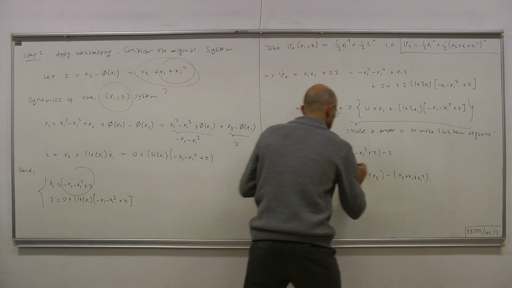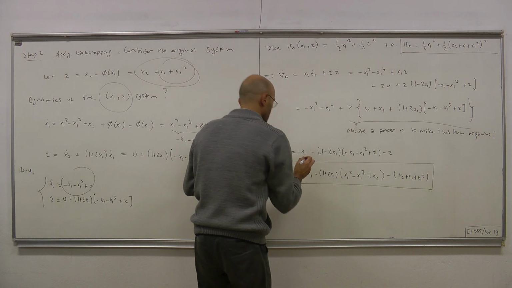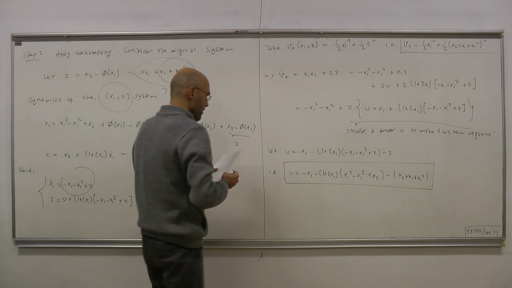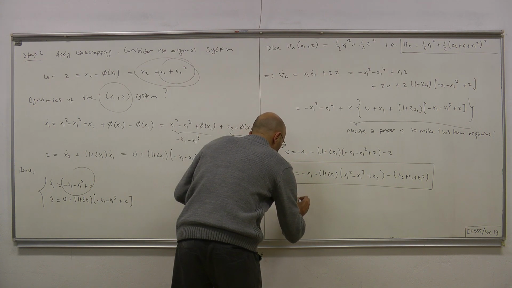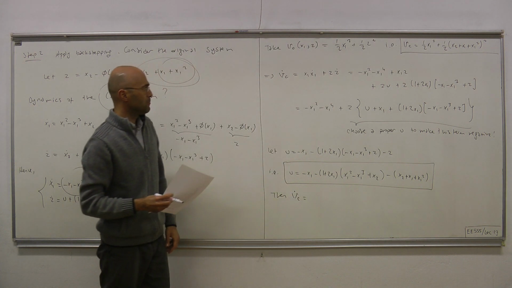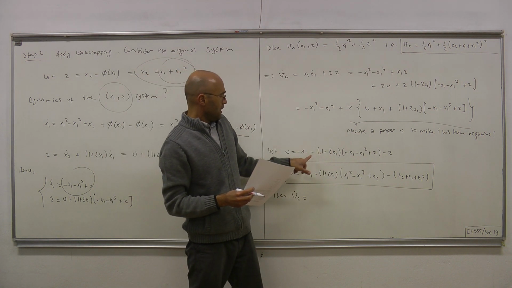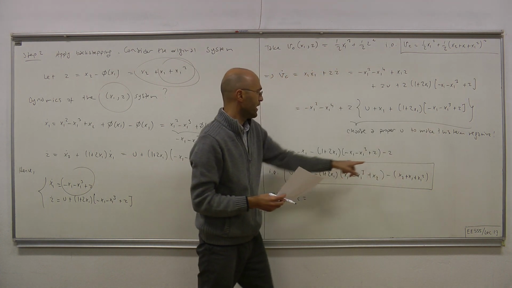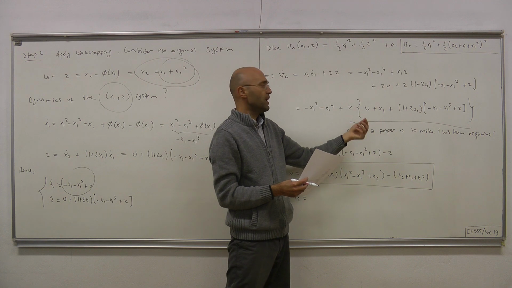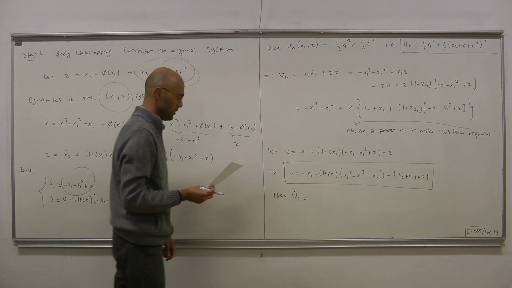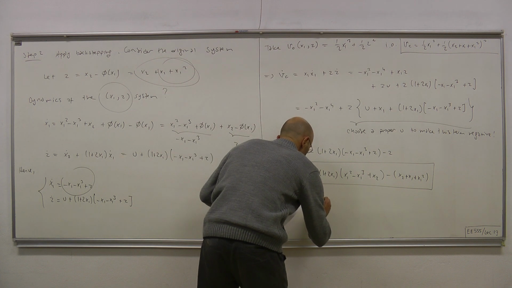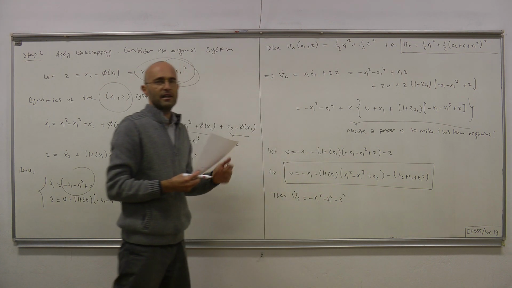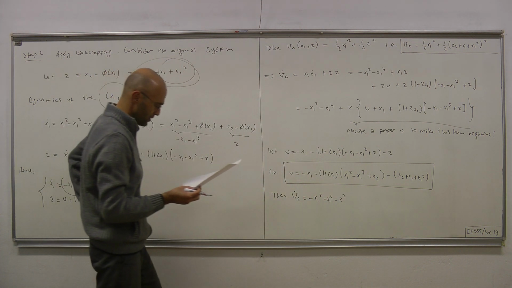So this is our feedback law in terms of the original coordinates x1 and x2. Then this term will cancel this term here, this term will cancel this term here, and finally this minus z will be left on its own. That minus z will multiply that z, and what we have is minus x1 squared minus x1 to the 4 and minus z squared. Clearly a negative definite expression.